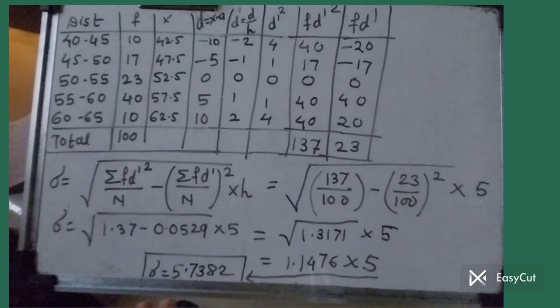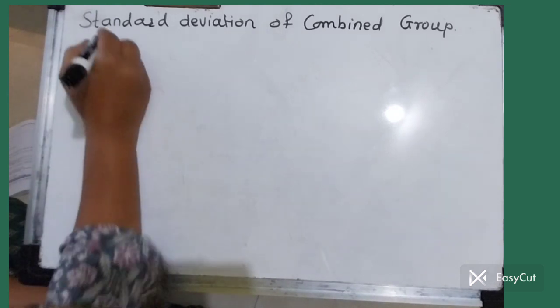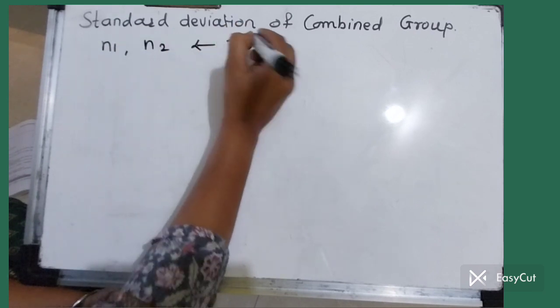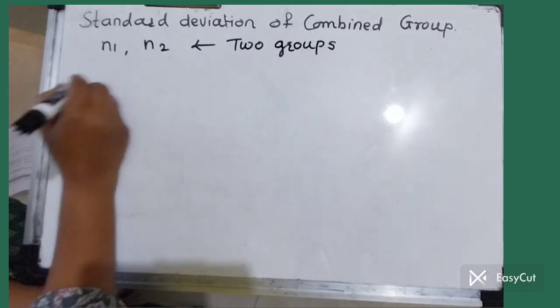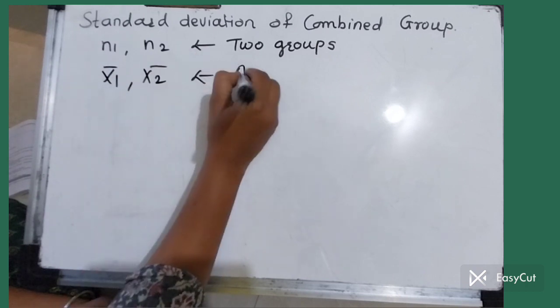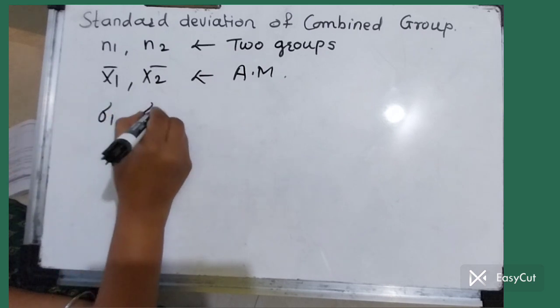Now the next topic is the standard deviation of combined group. Okay, we already saw there are two groups with sizes n1 and n2, having arithmetic means x1 bar and x2 bar, and standard deviations sigma 1 and sigma 2.